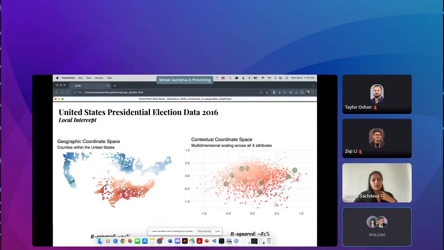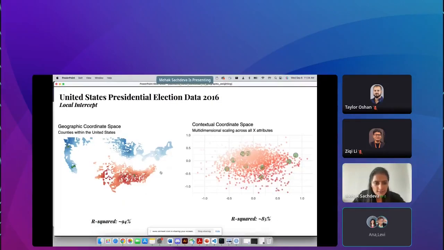So going back to the model, this is the estimate for the local intercept, the contextual measure that I was talking about initially with the housing example. And what we find here is, first of all, I just mentioned one fit criterion here, but the model does seem to be doing well in the similarity weighting space as well.